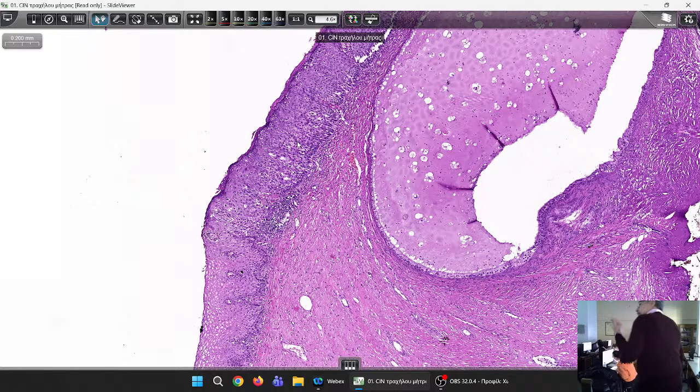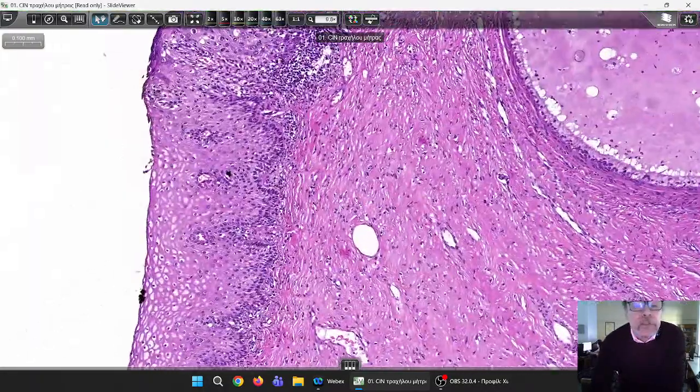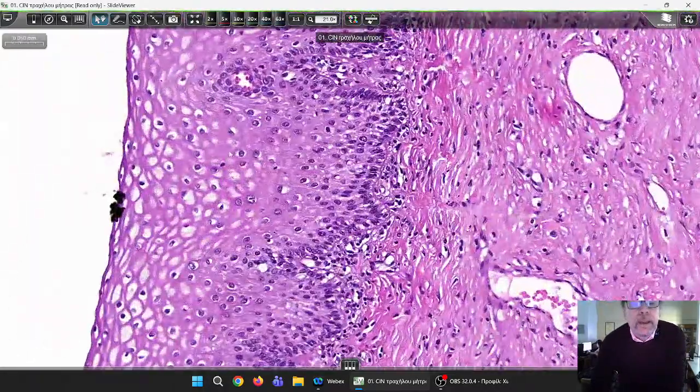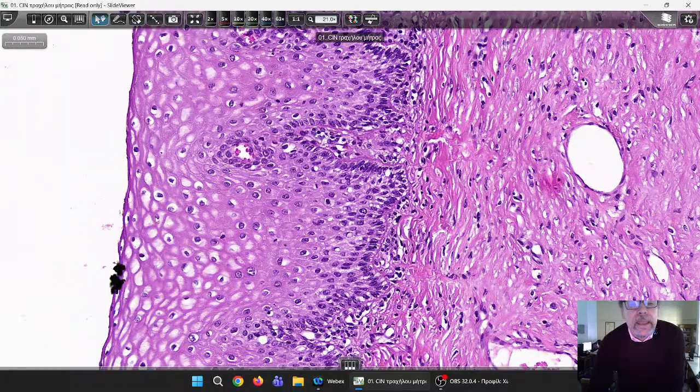The question is, is the adjacent epithelium totally normal, or is there some low-grade dysplasia in the adjacent epithelium? So, if you look at these cells here, squamous cells here, what can you say with regard to their cytoplasm?